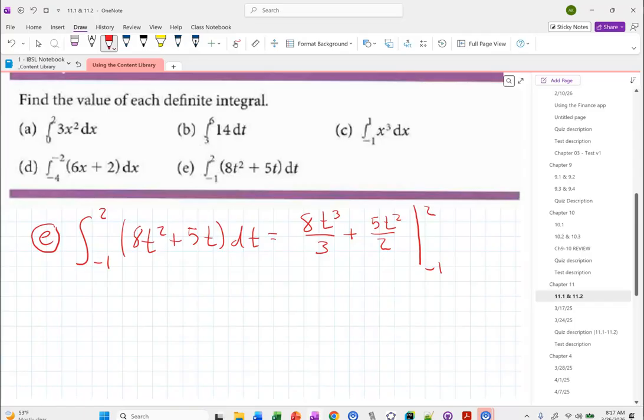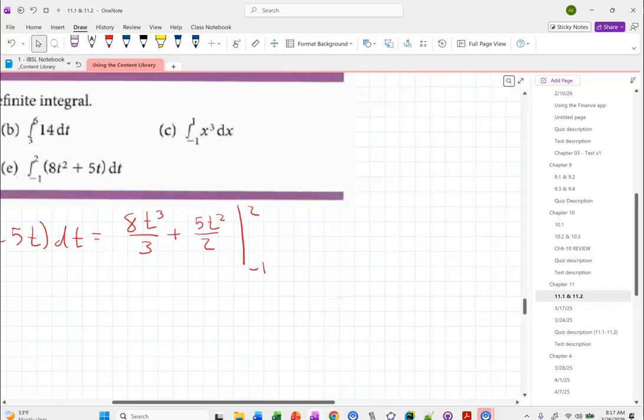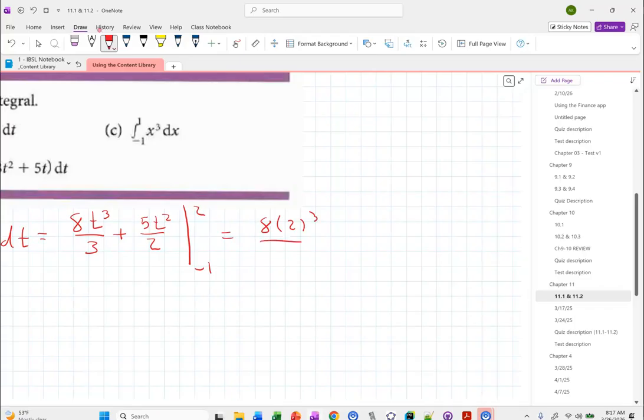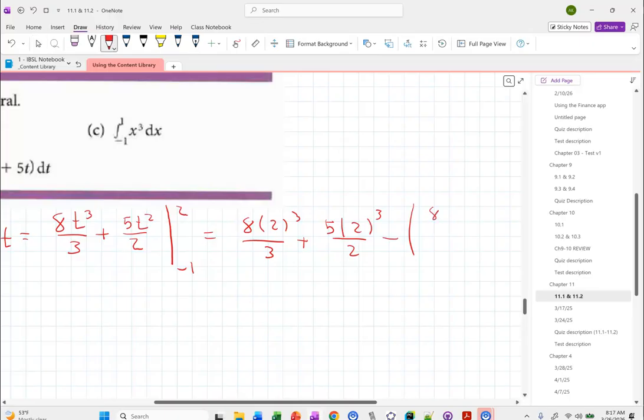Any questions as to how I generated that antiderivative? Okay. Now we're going to plug the upper bound into that function and then subtract the lower bound plugged into that function.